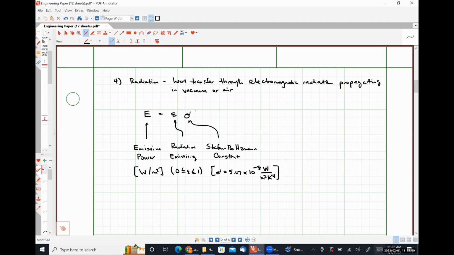And then we have TR to the fourth power, where TR is the absolute temperature. So measured from absolute zero, obviously measured in Kelvin.